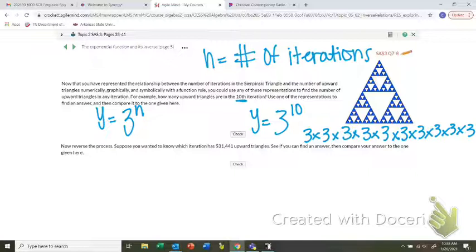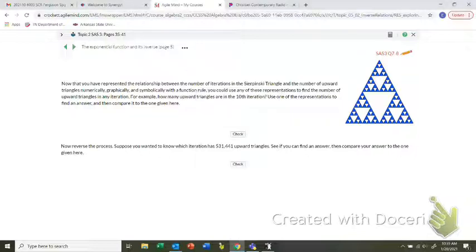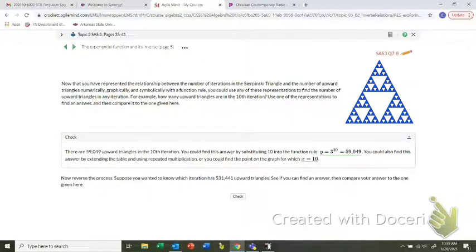All right, so 3 to the 10th is 59,049 triangles. So that would mean if you do this iteration 10 times, that is how many upward triangles you would have in the 10th iteration.